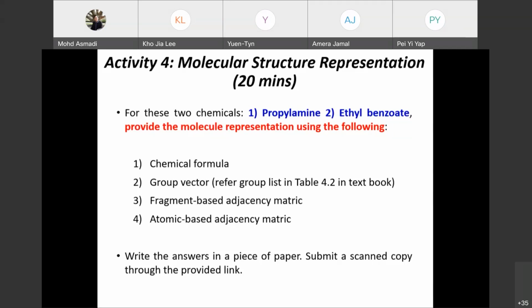I think it's better you write on A4 paper and then paste it as a picture.